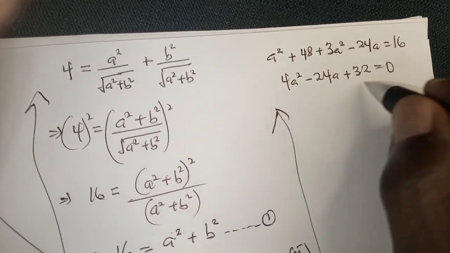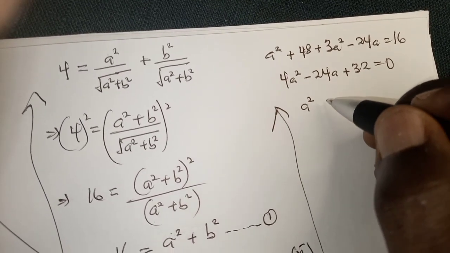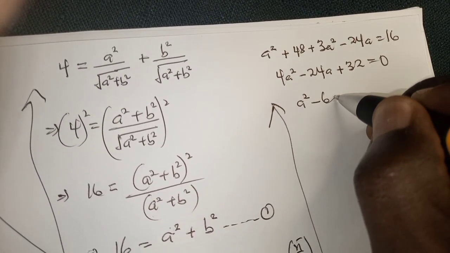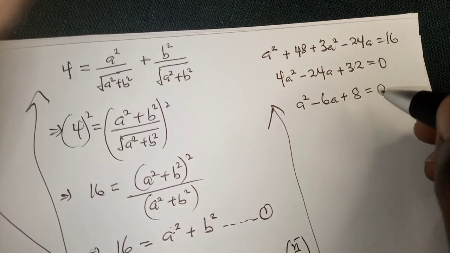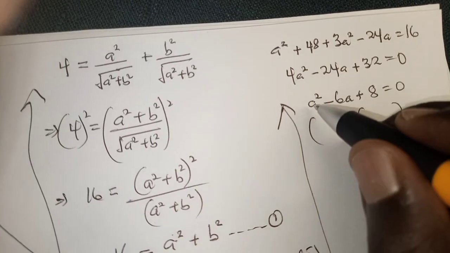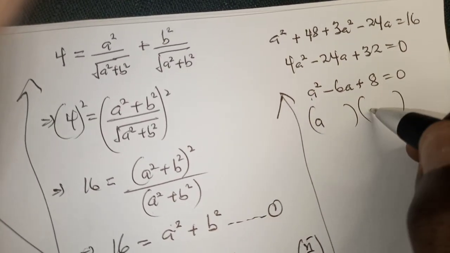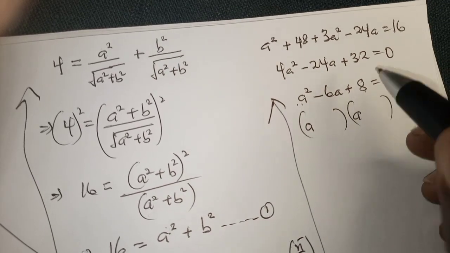We can further factorize this, so you have a square minus 6a plus 8 equals 0. To factorize, just bring your two brackets, the a is squared, so a here, a here. The coefficient here is 1. 1 times 8 is 8.